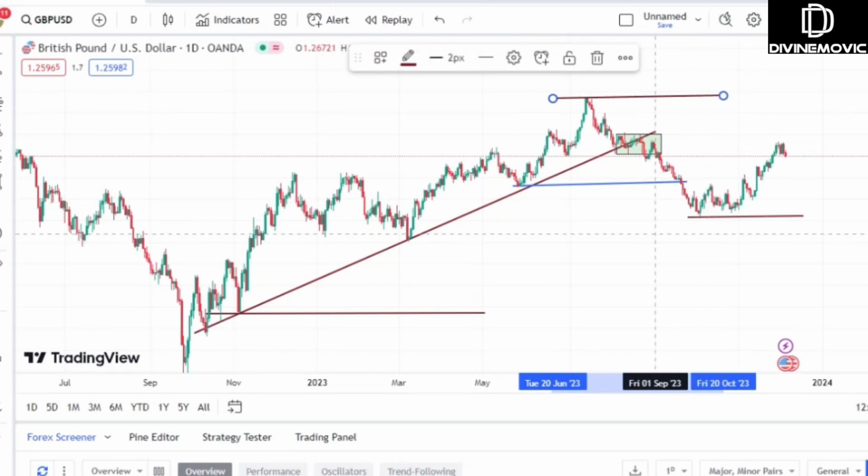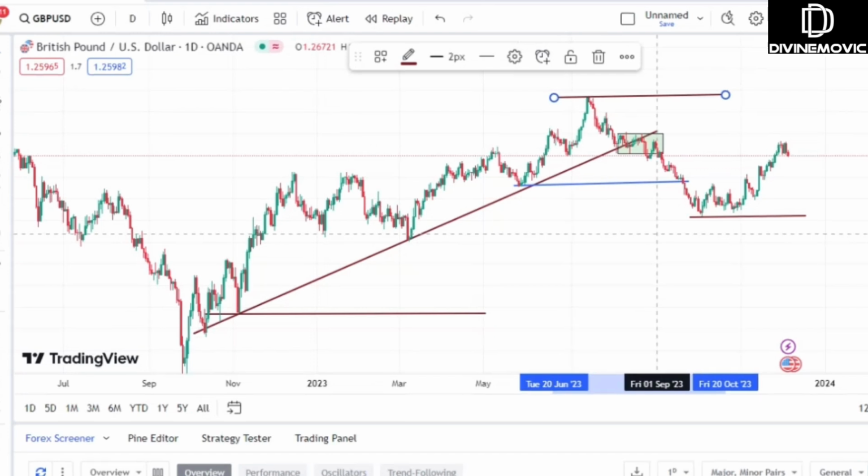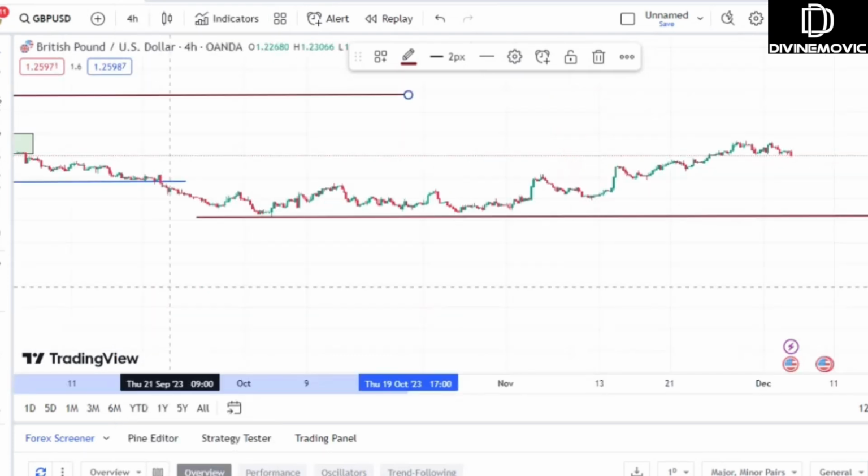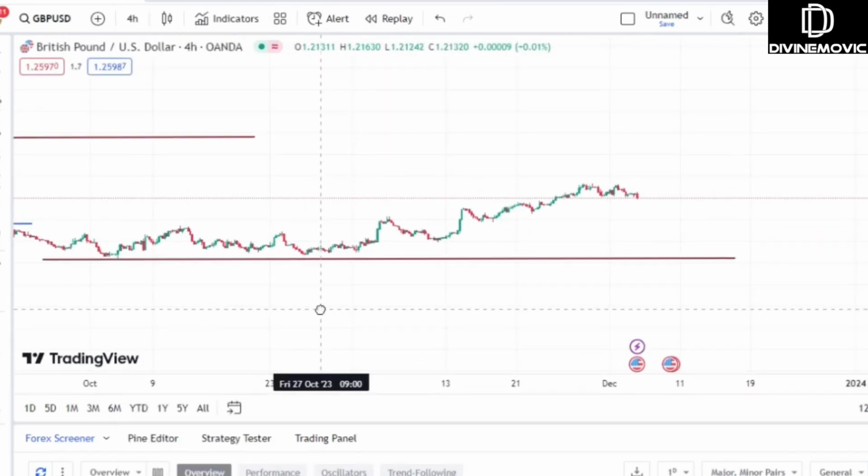What am I going to do next? I'm going to go to the 4 hours time frame and study this price action that's happening here now, what price did since price printed this low here. So I'm going to go to the 4 hours time frame and figure that out. Now this is the low.